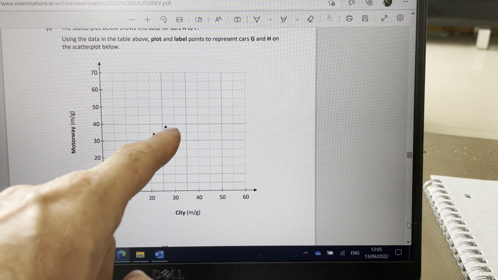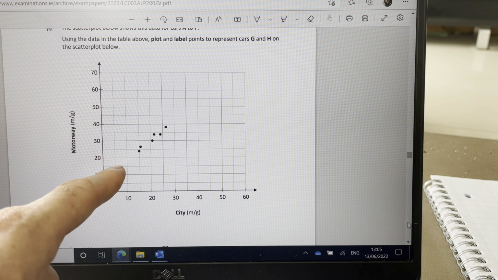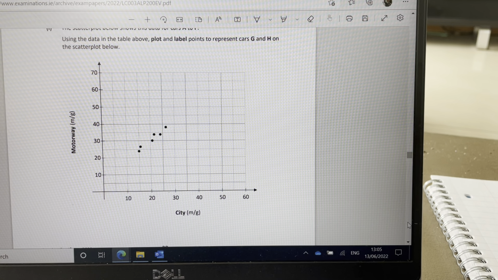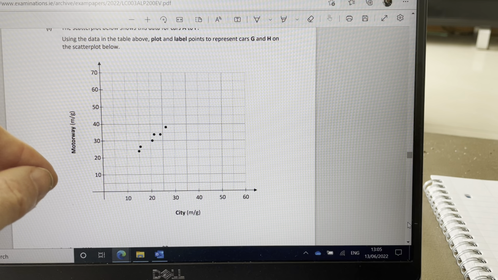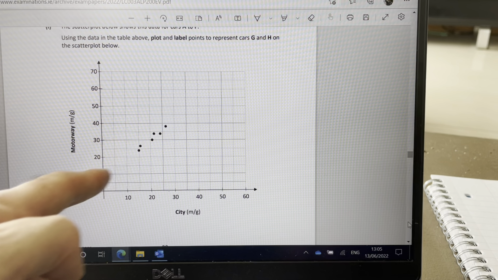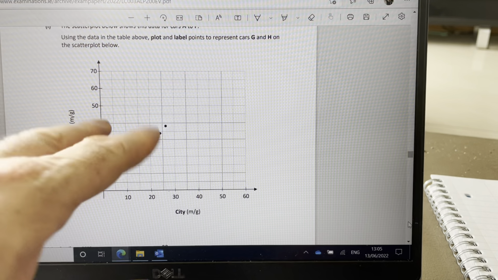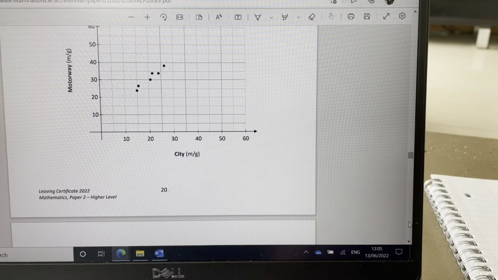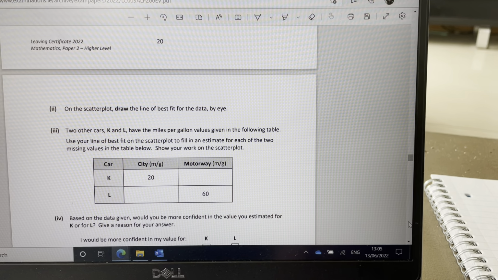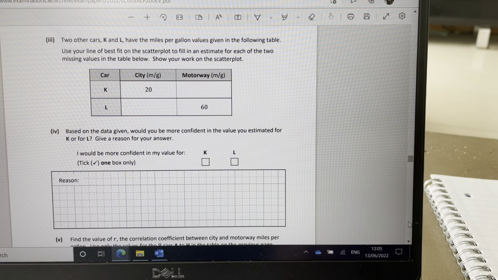So basically what you're trying to do is put a line there such that the distance each point is off the line, summed all together, is at a minimum. Usually you're just trying to get it through the mob there so that there's an even scattering around the line. So that's a good question. It's a practical one, but it might be tricky for people, I think.